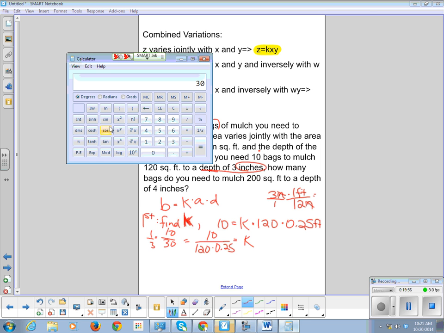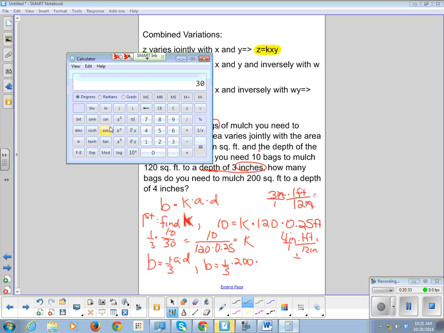So I'm back to my equation here. B equals 1/3 times A times D. So now I can figure out how many bags I'll need to mulch 200 square feet to a depth of 4 inches. Oh, so that's 4 inches, 1 foot over 12 inches.